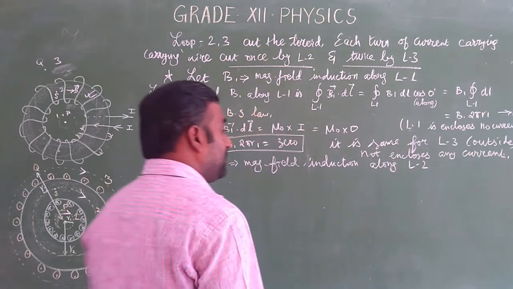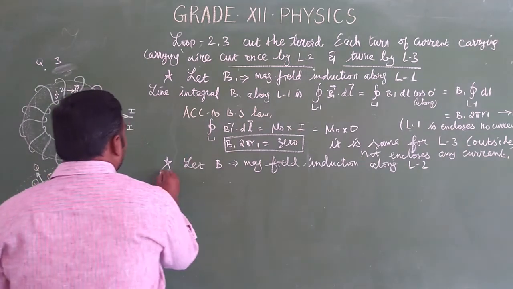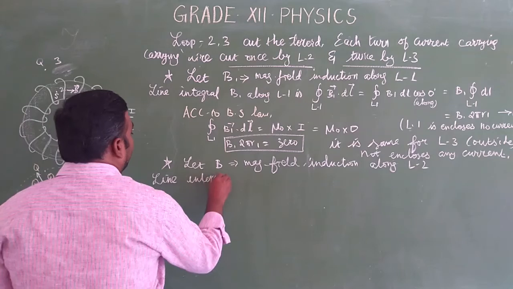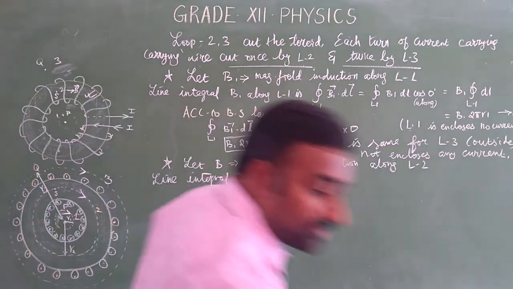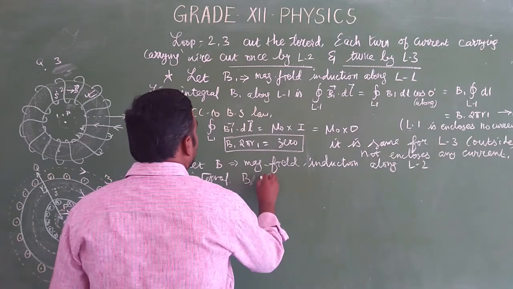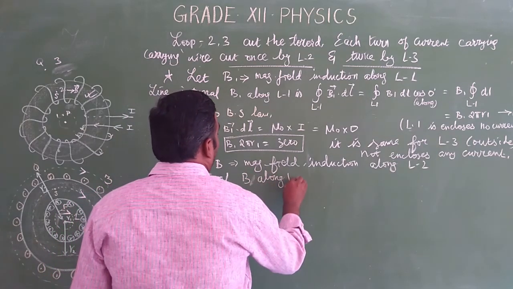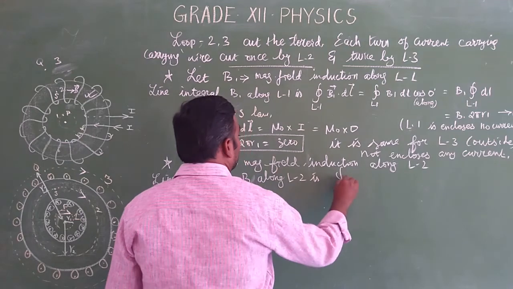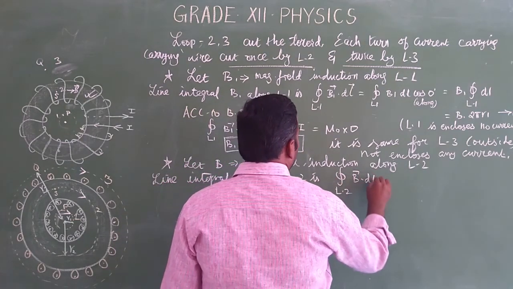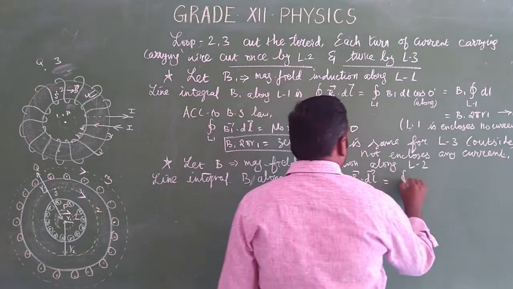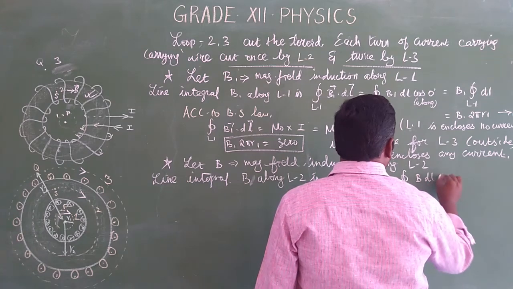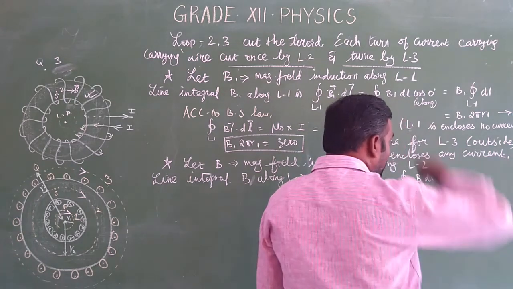So what will be the line integral? The line integral of B along loop 2 is the closed integral over loop 2 of B dl.